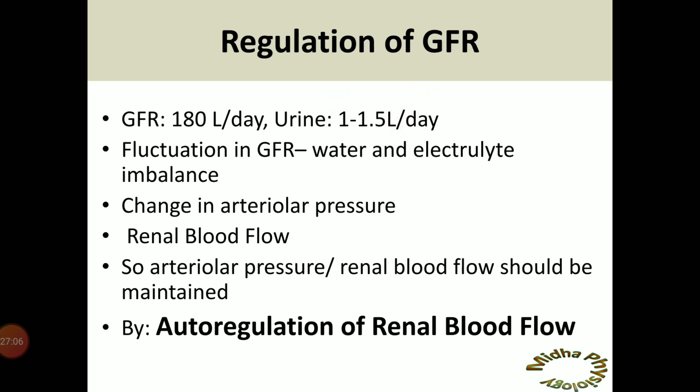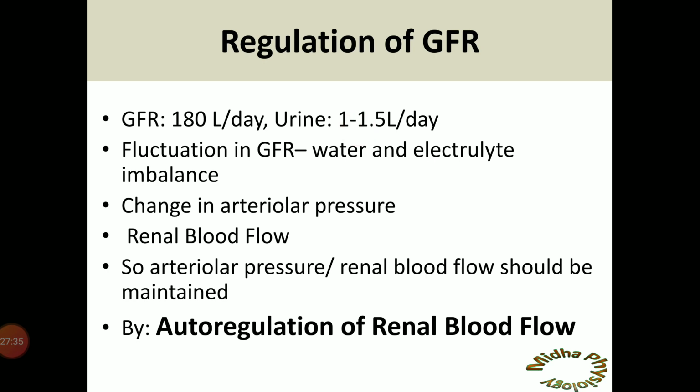Now, if the amount of urine production is increased unnecessarily, more water and electrolytes would be disposed out of our body, leading to hypovolemia and other electrolyte disturbances. And if less urine is produced, then the unwanted substances which should be excreted out of the body would not be excreted, due to which the waste products would accumulate in the body, and that is also not what we require.